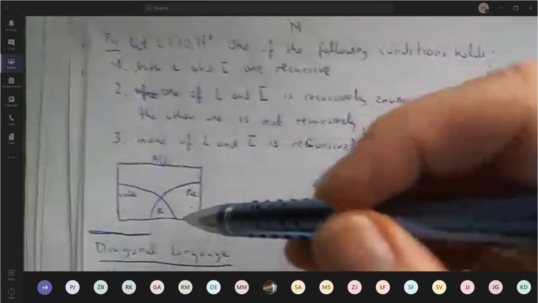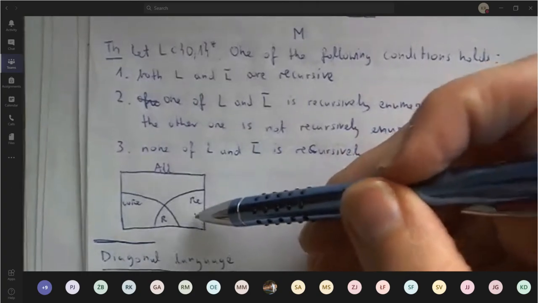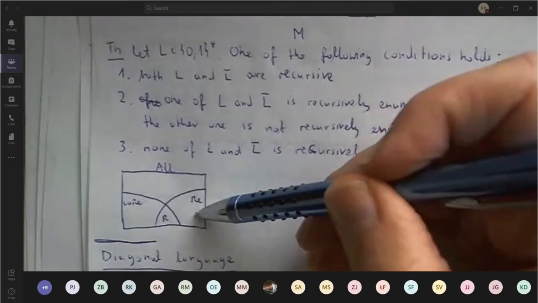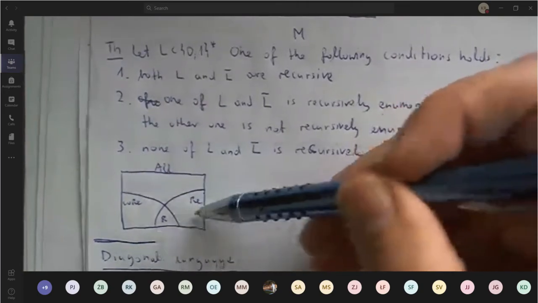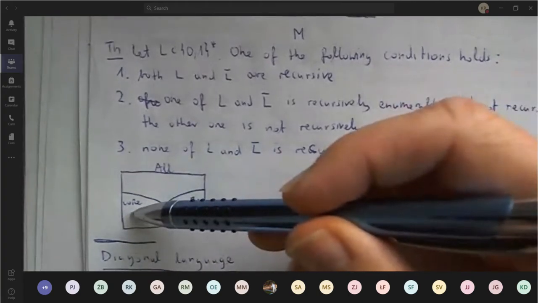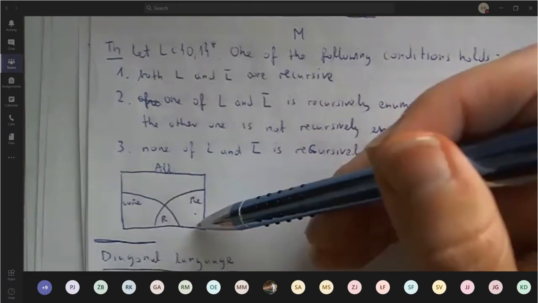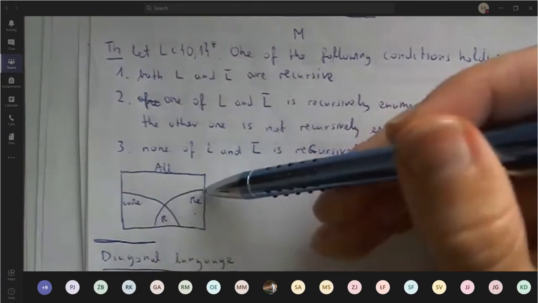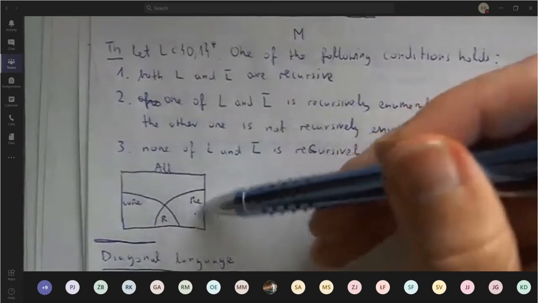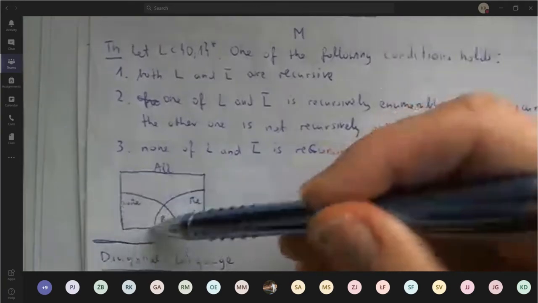Maybe I will show you now, and then later I will draw the map. So we know that the universal language is somewhere here. It is recursively enumerable, but not recursive. So the complement of LU is somewhere here. And we know that the complement of the diagonal language is recursively enumerable, but not recursive. So it is also somewhere here. So its complement, the diagonal language, is somewhere here.